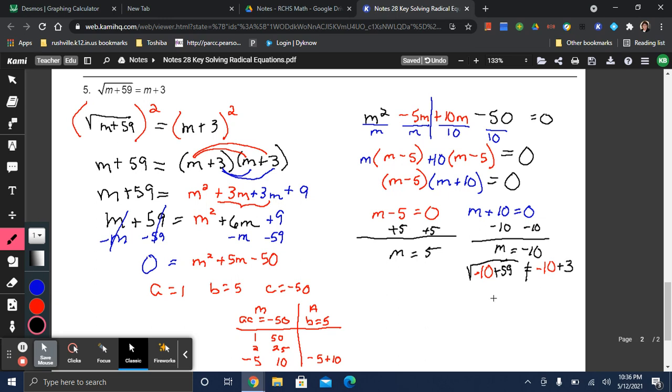Because this gives us 7, and this side gives us negative 7. So 5 is our only one that checks.